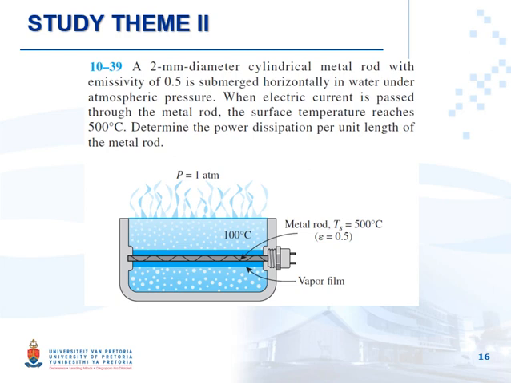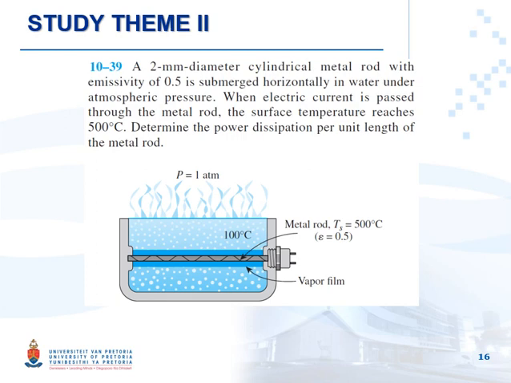So I'm going to solve this question 10.39 of the textbook, and we want to see how we are going to use this Q film, as we mentioned previously. It's a 2 millimeter diameter cylinder metal rod with emissivity given.